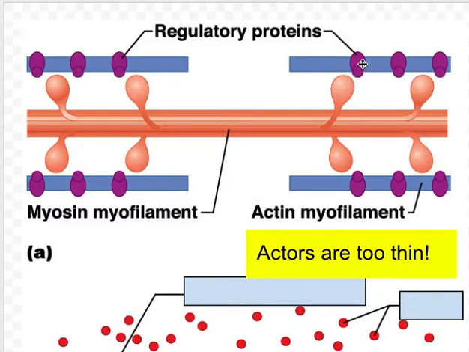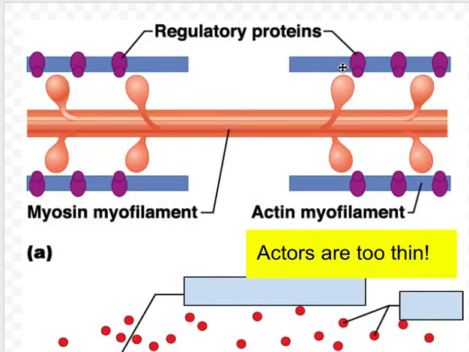Just recognize for now that they are in place and they are preventing the myosin, and more specifically the myosin head, from attaching to the actin. It's the attachment of this myosin head to the actin that is going to initiate the muscle cell contraction.